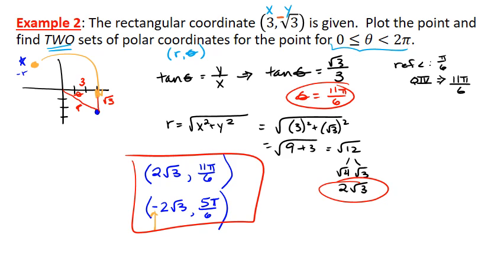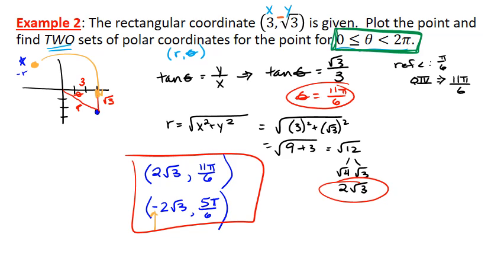You could take this. But I guess the thing to be cautious about, which kind of restricts us, is our interval here. So since we have been told that theta has to be between 0 and 2 pi, that kind of restricts us a little bit. Okay?